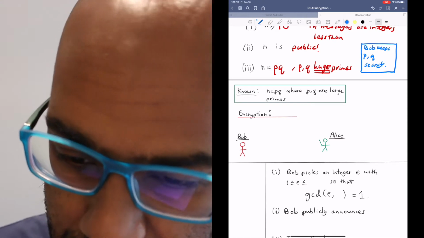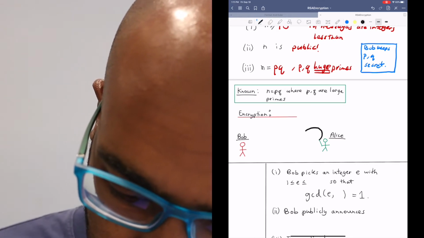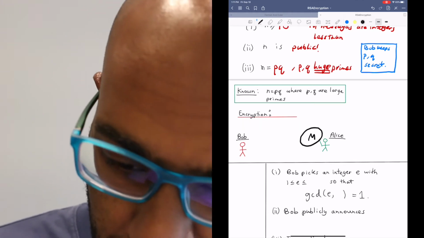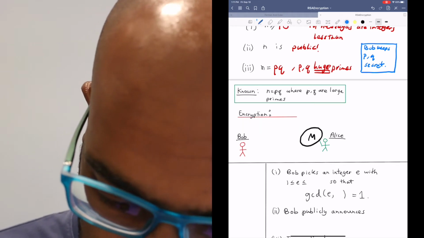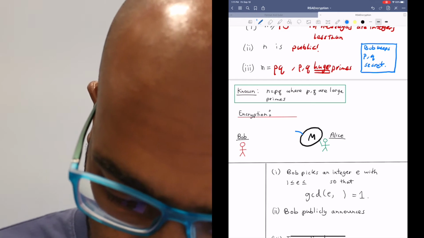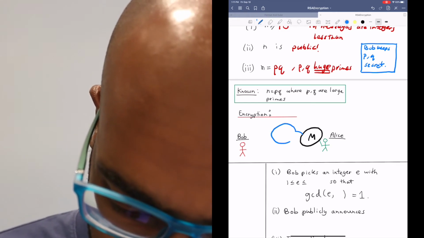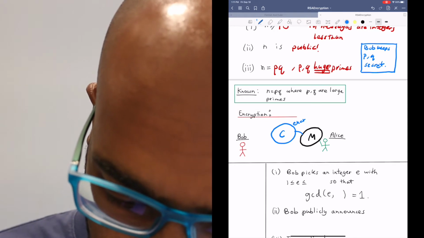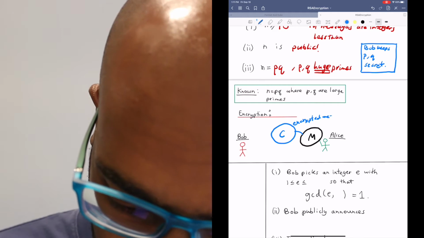Now with that set up, if Alice wanted to send a message M, what should she do? Well, first of all, she's sending it over a public channel, so she wants to change M into something else, an encrypted message, so that people don't know what it is that she's actually sending.